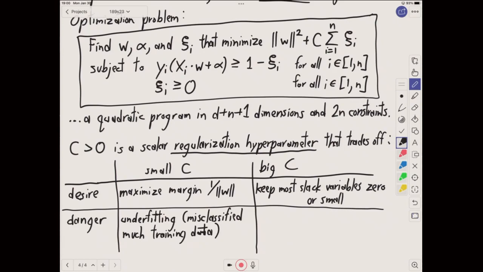On the other hand, if you set C really big, then there's a very different danger, which is you might actually overfit the data. And as usual, the telltale sign that you've overfitted is that you might have training accuracy that's much better than your test accuracy.